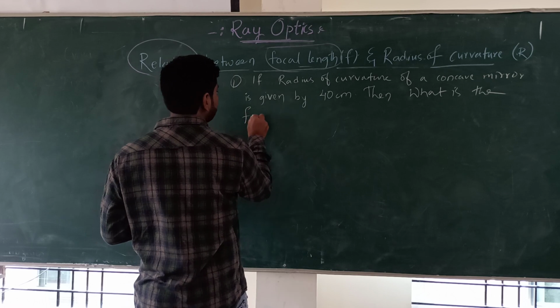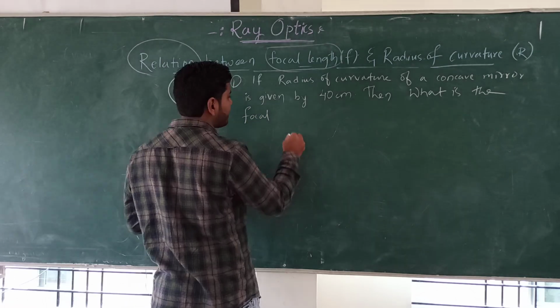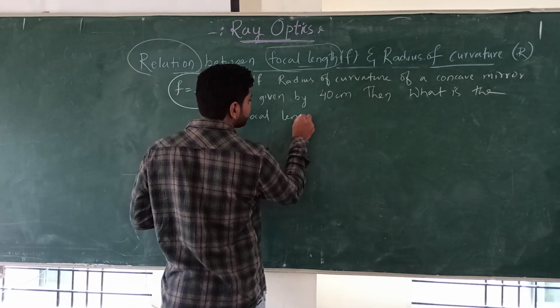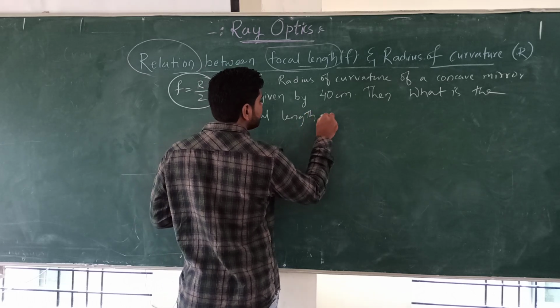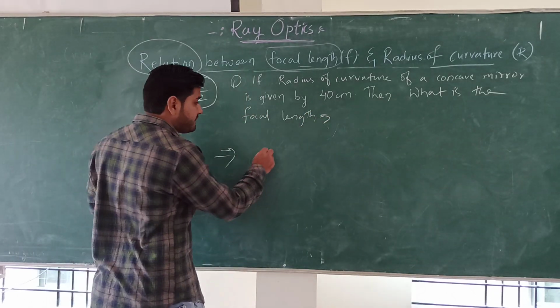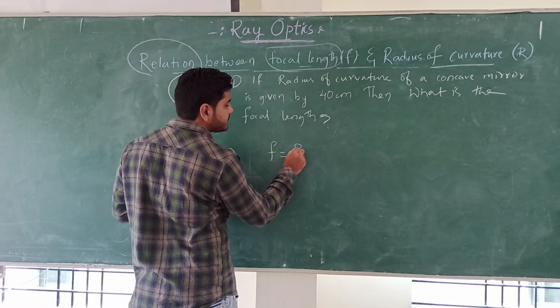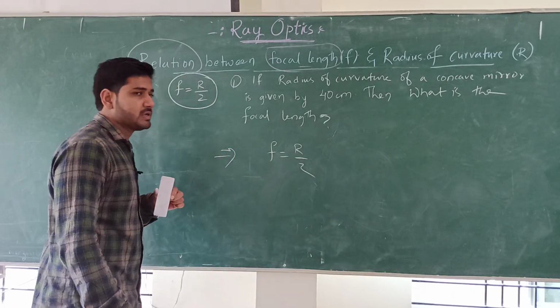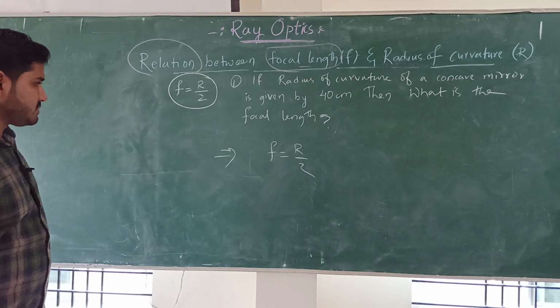Very easy problem, just a basic problem. What is the focal length? You just need to know the formula, that is F is equal to R by 2. So this is our formula, F is equal to R by 2.